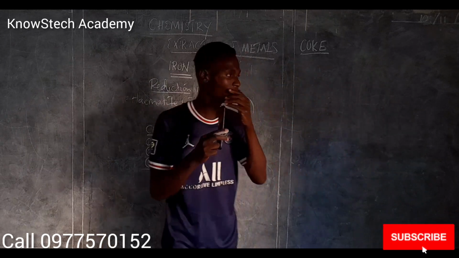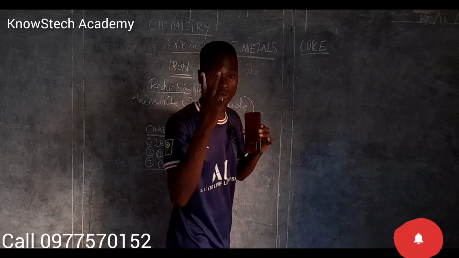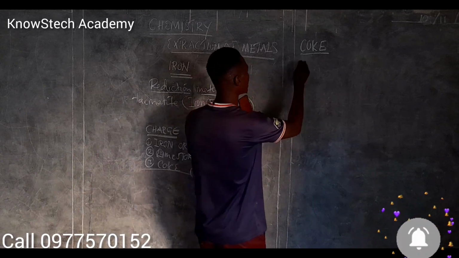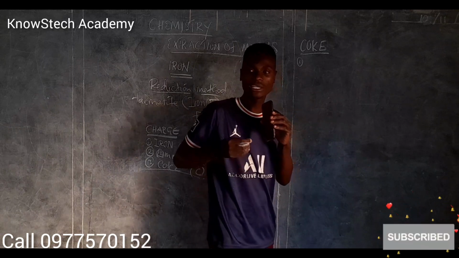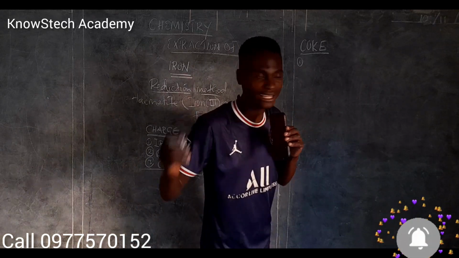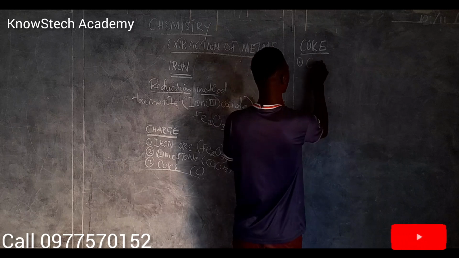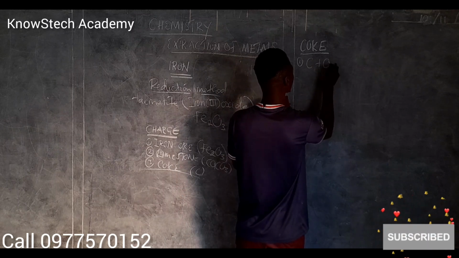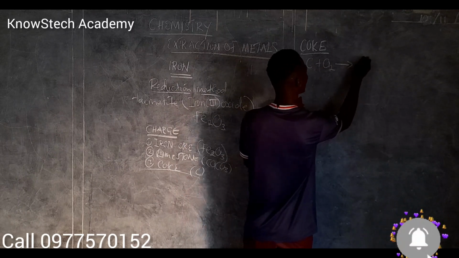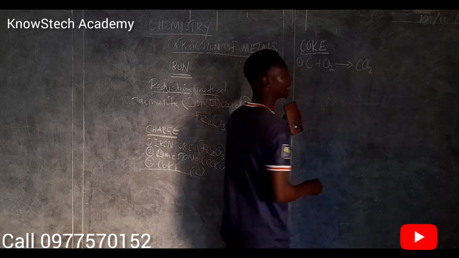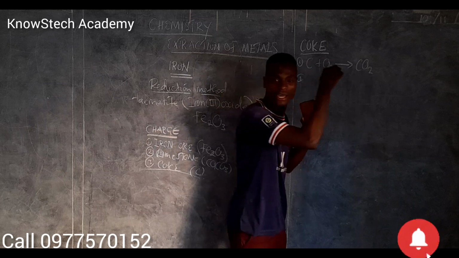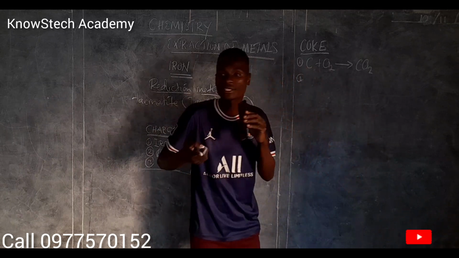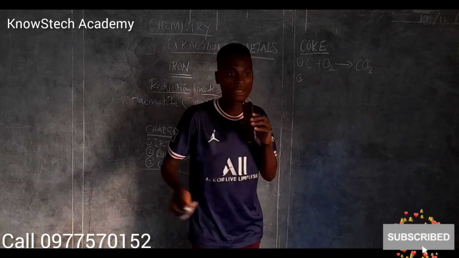And this is done in 2 stages. Number 1, the coke, carbon, will be roasted in air to form carbon dioxide. Stage 2, the carbon dioxide formed will react with more coke.